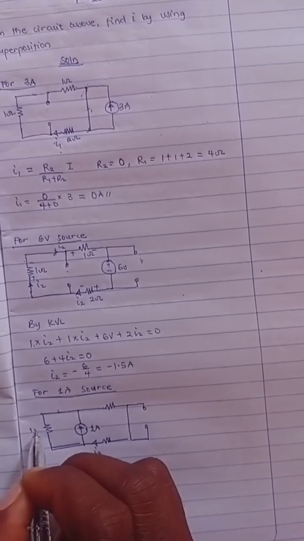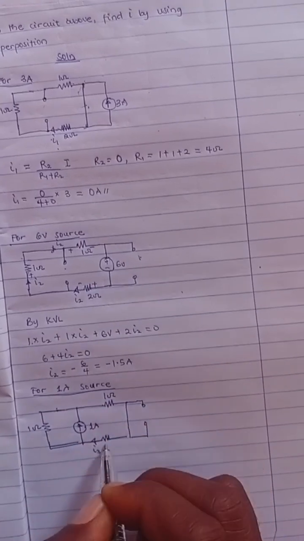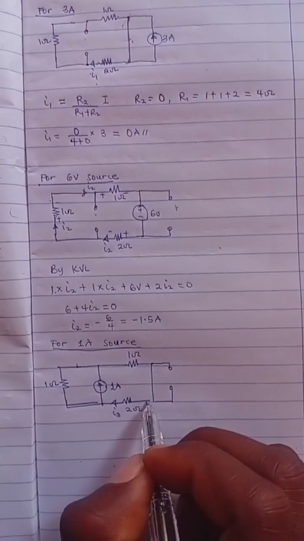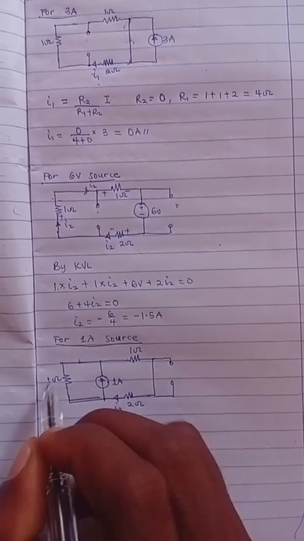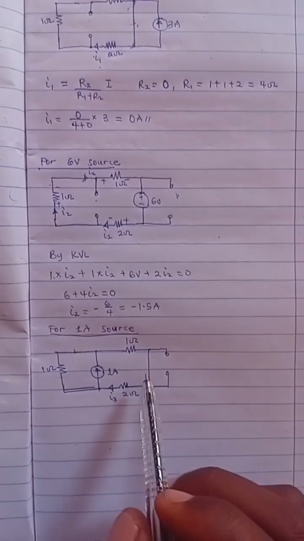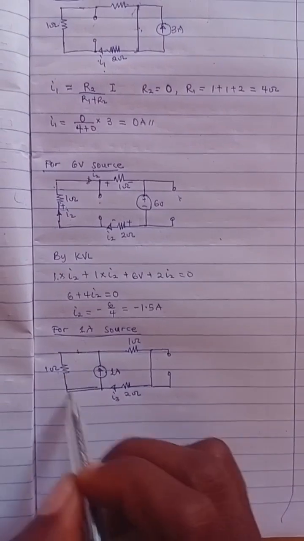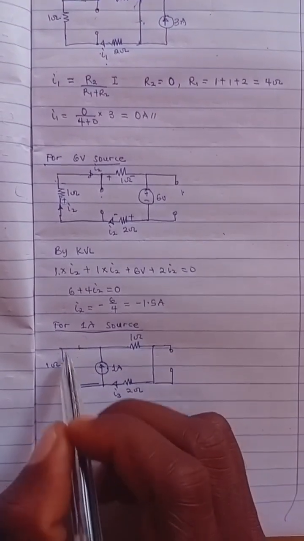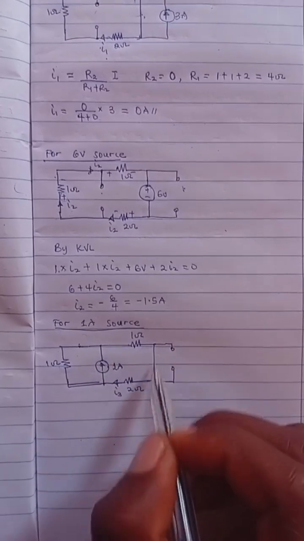So this is 1 ohm, this is 1 ohm, and this is 2 ohm. So we are left with a simple two parallel branch circuit. And then I'm going to use my current divider rule, because we have two parallel branches like this and this. So this branch is going to be branch 1, and this branch is going to be branch 2.